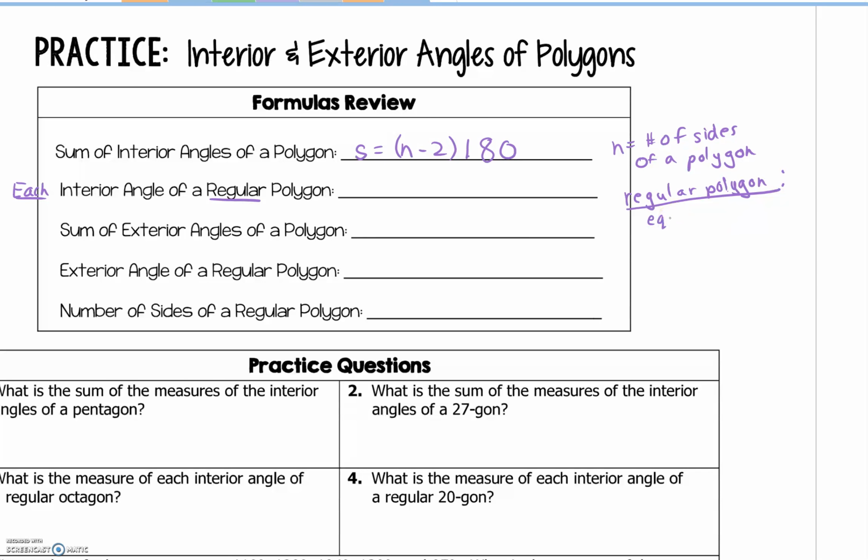It means all the sides are congruent and all the angles are congruent. So a regular four-sided figure, a regular quadrilateral, would be a square, because all the side lengths and all of the angles are congruent.